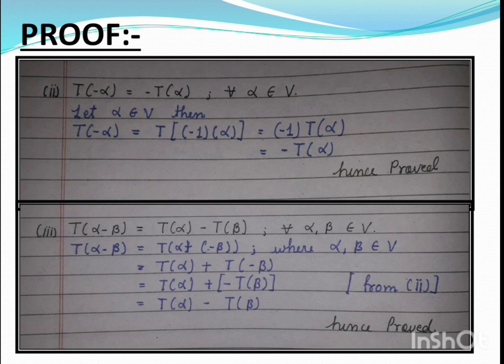Using the second formula, as we showed earlier that T of minus alpha is equal to minus T of alpha, here we see that there is T of minus beta, so we can write it as minus T of beta. Now the equation becomes T of alpha plus, in the bracket, minus T of beta. So plus minus is minus. Now we have proved the following formula: T of alpha minus beta is equal to T alpha minus T beta.